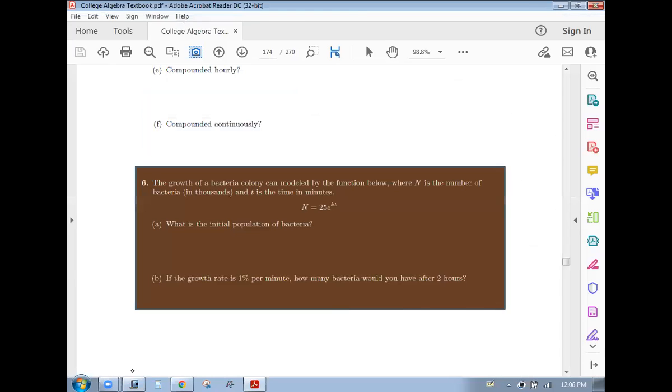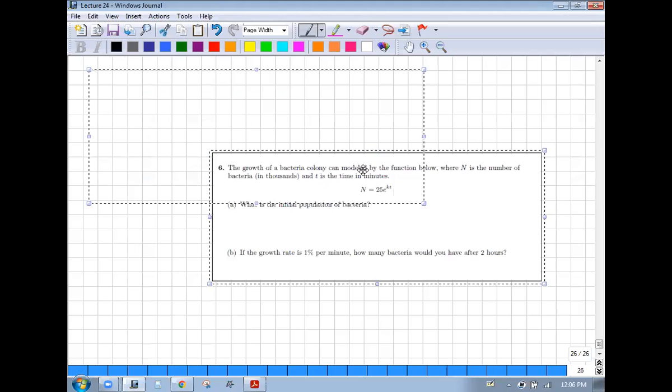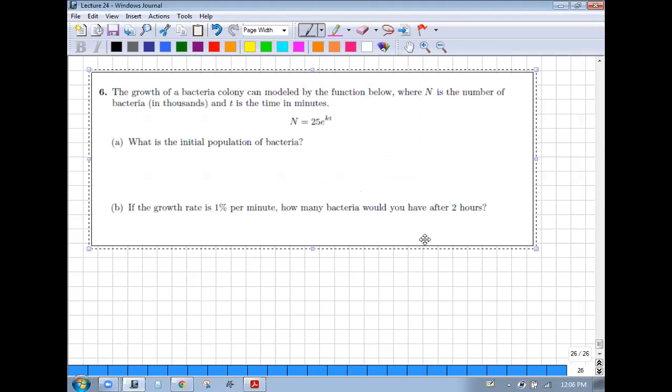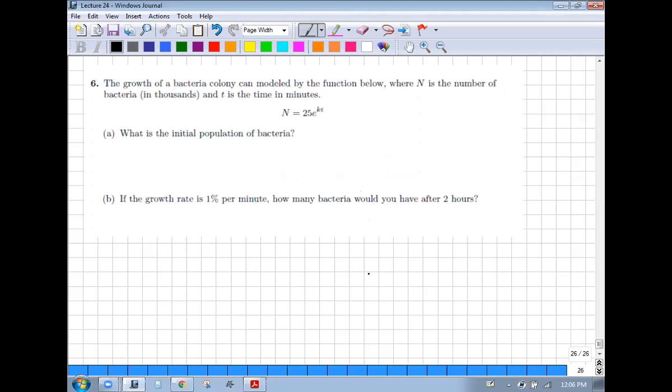So let's look at some exponential decay. Well, no, it's decay. This is growth. So the growth of a bacteria colony can be modeled by the function below, where n is the number of bacteria in thousands, and the t is the time in minutes. All right. So the initial population of the bacteria, if time is 0, then n is 25 times e to the k times 0.